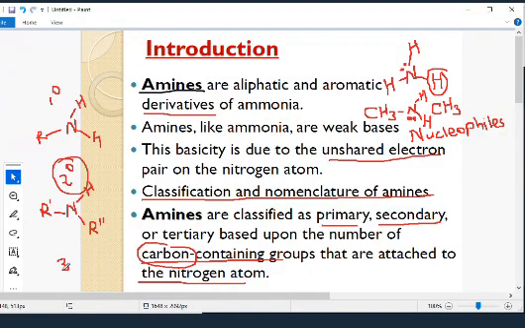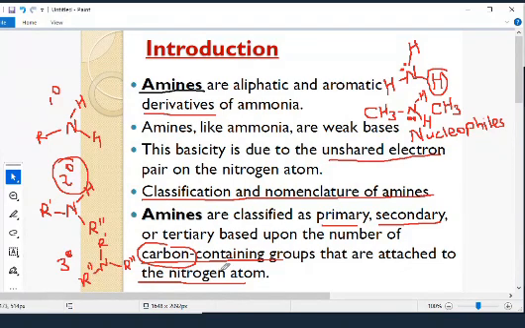At 3 degree, it means that 3 carbon containing groups are connected to it. So here we have an alkyl group, of course, with the carbon attached to that nitrogen, and another one.